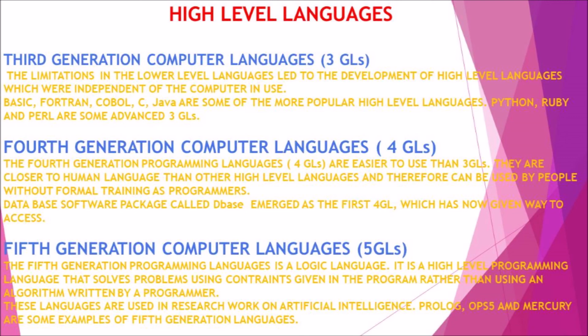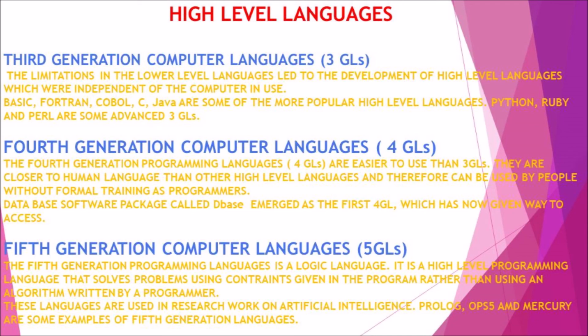The computer languages in the high level language use English words and mathematical symbols, whereas low level languages use mnemonic codes, the short form. Each instruction in the high level language is translated into many machine level instructions, which the computer can easily understand with the help of translator programs.